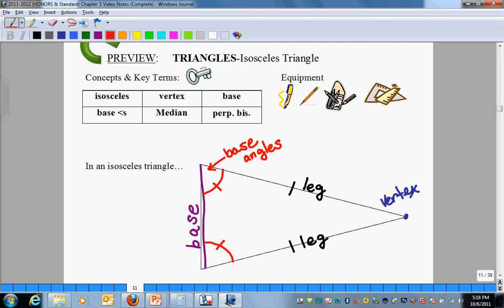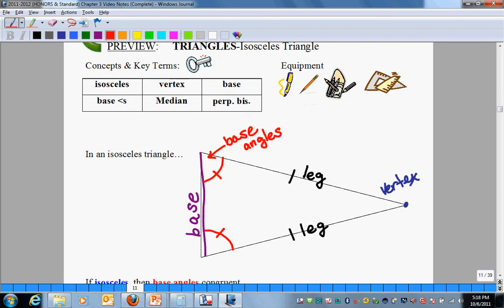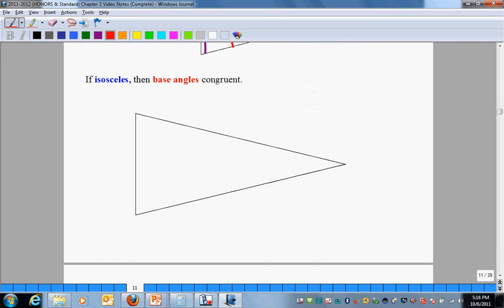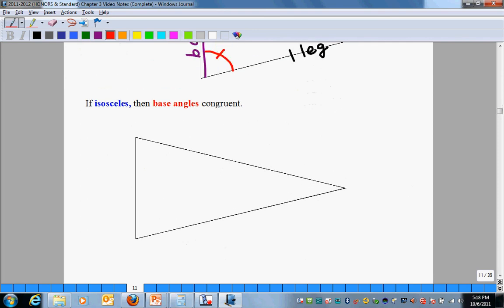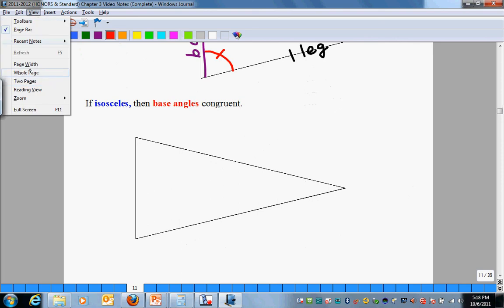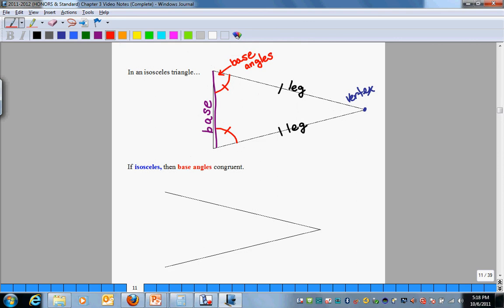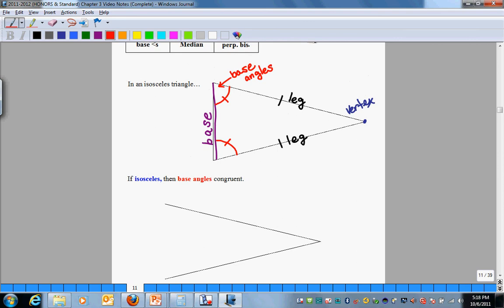You have a couple properties with isosceles triangles. First one is this. If you have an isosceles triangle, that means you have two equal sides.